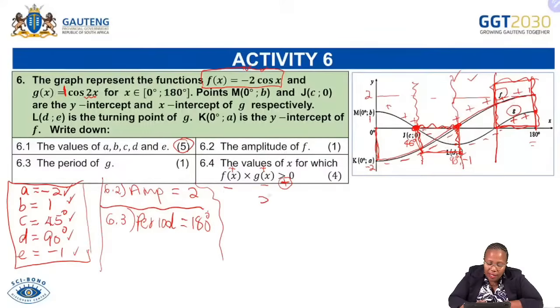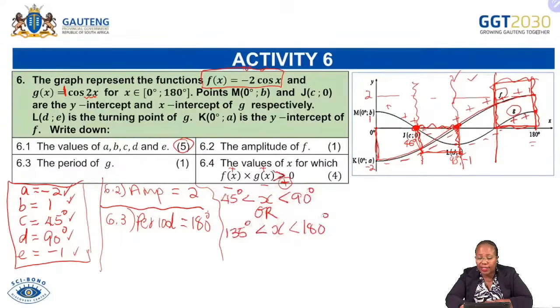That means the first x value is between 45 degrees and 90 degrees. Or another interval will be between 135 degrees and 180 degrees. We can't include the endpoints because the values are not equal to 0, they are just greater than 0. So that means it will be 2 marks for correct interval and 2 marks for correct values, great job.